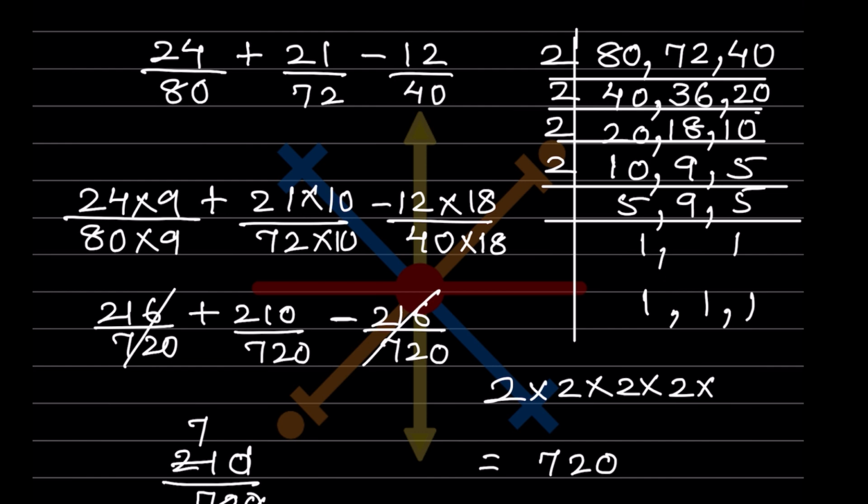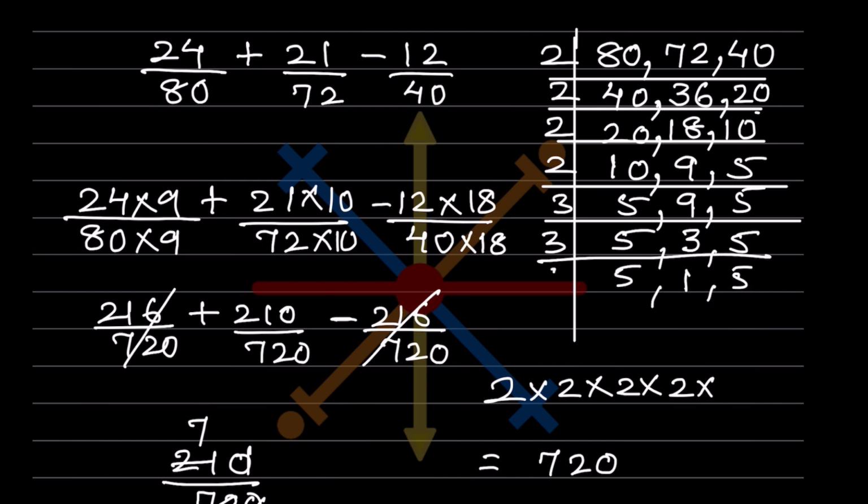But now, because this is 9, we will go for here 3 3s are 9. Just let me change this one. And this will be 5 5. So again 3 1s are 3. 5 5. And then we are going to go for 5 1s.